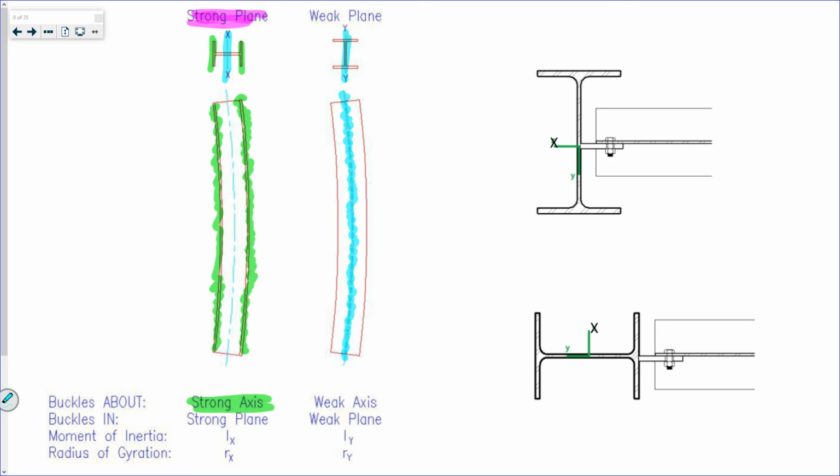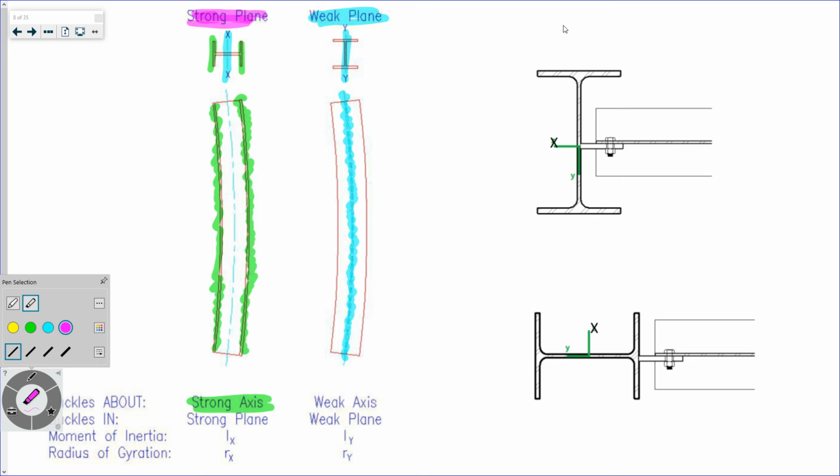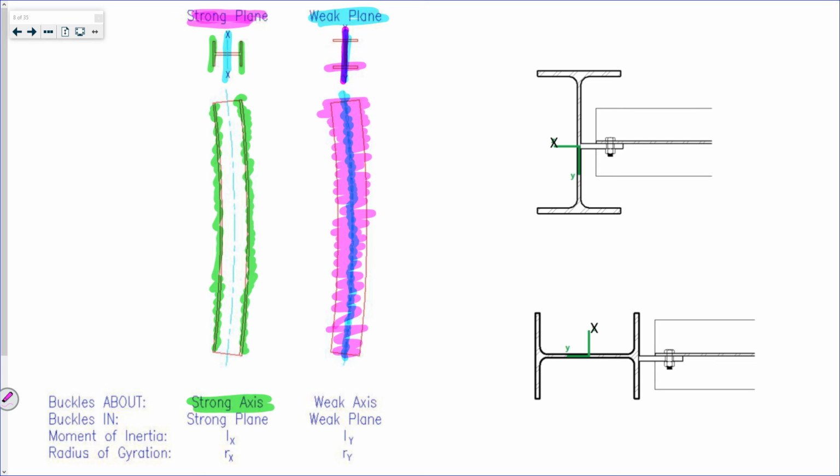So if we're looking at this weak plane in elevation, what we're looking at is straight on, we're looking at one of the flanges, right? That's an entire flange. The other flange is behind it. So it's buckling about this weak axis. Okay?